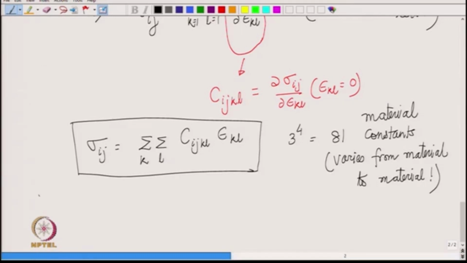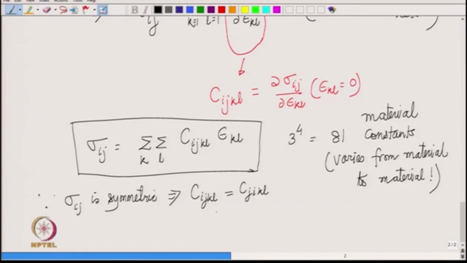So, what I mean is, since sigma ij is symmetric, this implies C ijkl should be equal to C jikl. See, if it is not the case, then you work out this multiplication and sigma ij will never come out to be sigma ji. So, therefore, C ijkl must be equal to C jikl for all i and j.